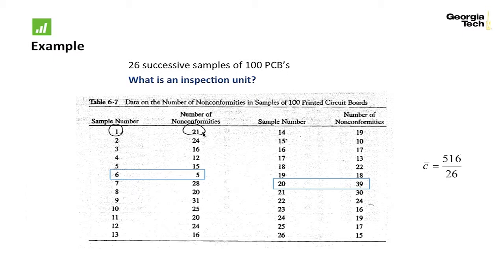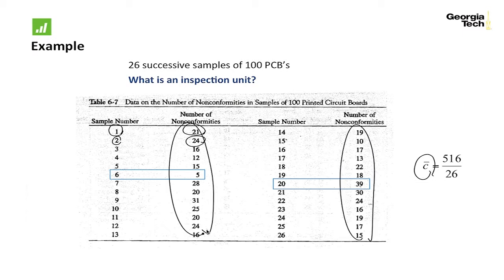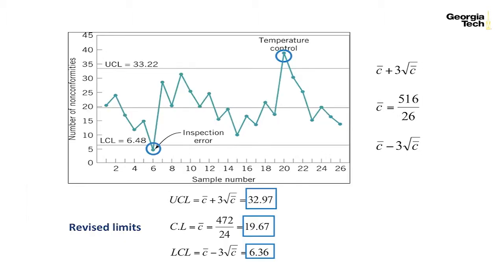The total number is 21. The second one, another 100 boards, is 24, and so on and so forth. So what should we do? Find C bar, which is the average of all these numbers, the total number of nonconformities divided by the inspection units that were inspected. That C bar is used to find the control limits.